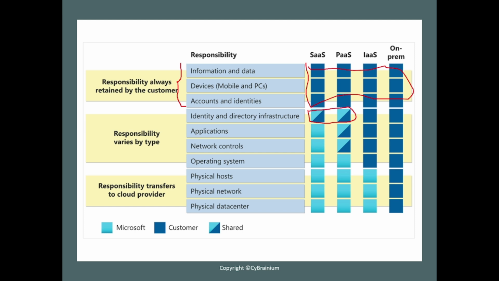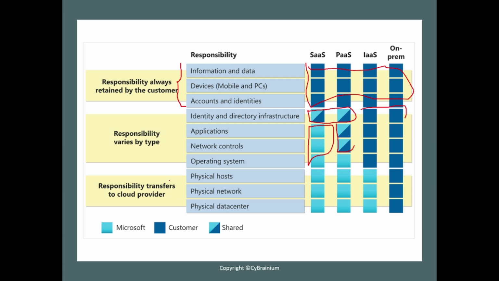If the application is SaaS, there is some sharing, and in IaaS this is fully yours. In SaaS, Microsoft has to take care of the application, network controls, and operating system. In PaaS that is shared, and in IaaS you have to take care up to the operating system.